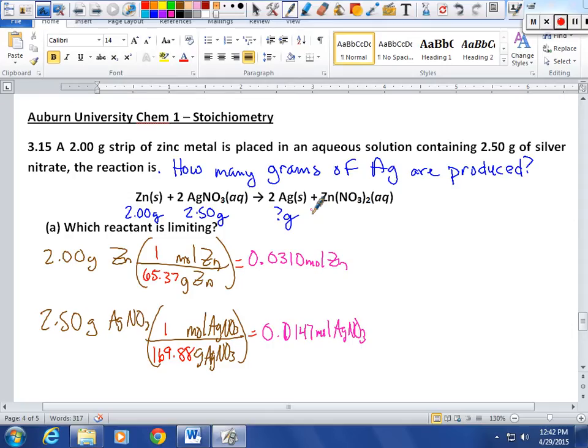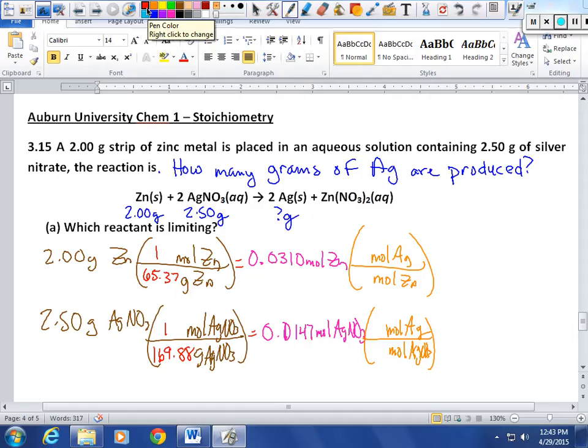Okay? Now next step is convert the moles of the reactants to the moles of the unknown. Now, what is the unknown? Silver. All right, so this is the easy part because all it is the mole to mole ratio. What is your mole to mole ratio from silver to zinc? 2 to 1, very good.